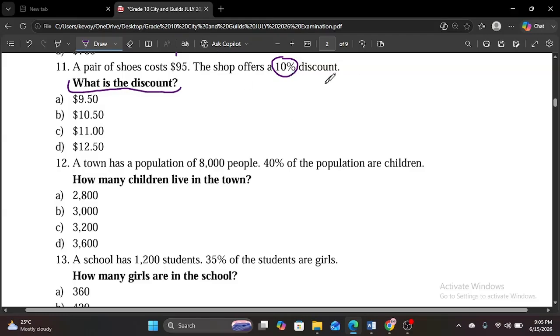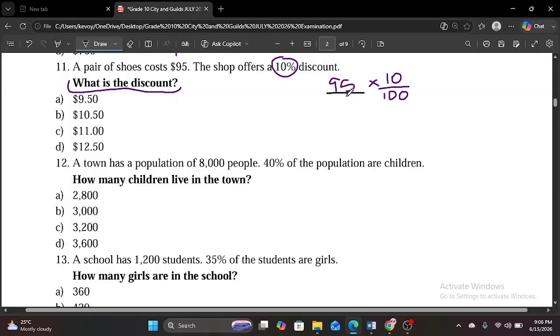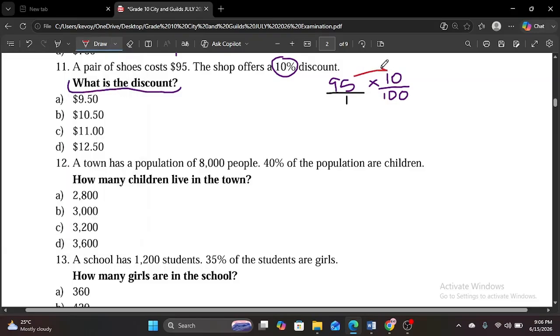So what we're going to do is just multiply. That 95 right there, I'm going to multiply it by 10%. And 10% is just 10 over 100. As I said before, if we're multiplying a whole number by a fraction, we just put that whole number over 1, and we multiply the two fractions. So that's numerator times numerator, and denominator times denominator.